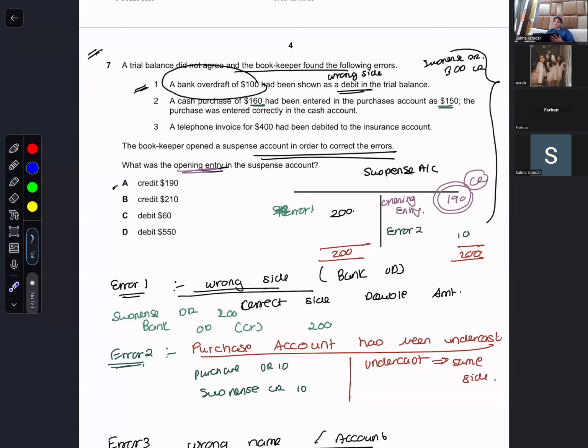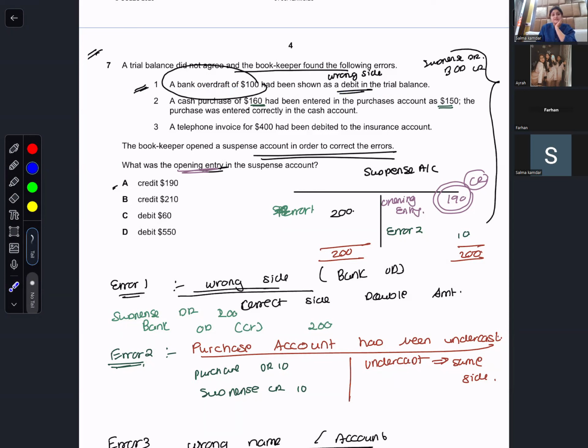Understand this. The trial balance did not agree and the bookkeeper has found the following errors. Your first error was that you had a bank overdraft of 100 and it had been shown as a debit in the trial balance. What balance does a bank overdraft have?